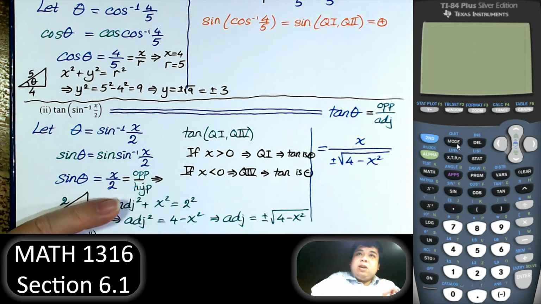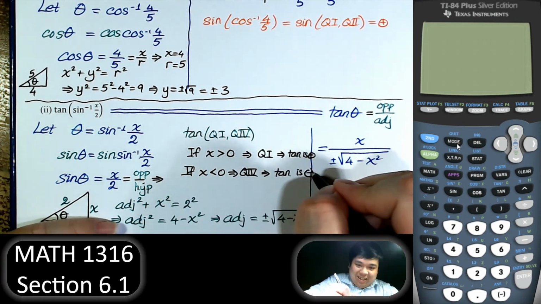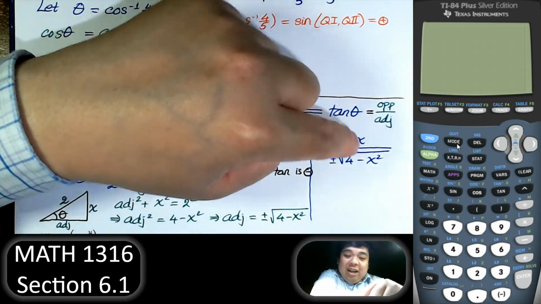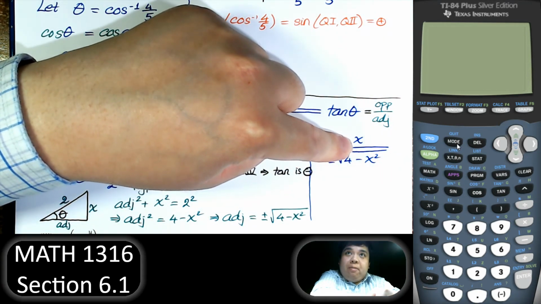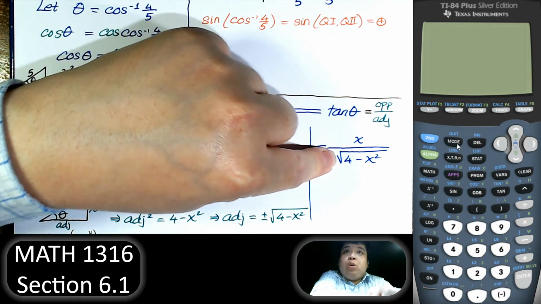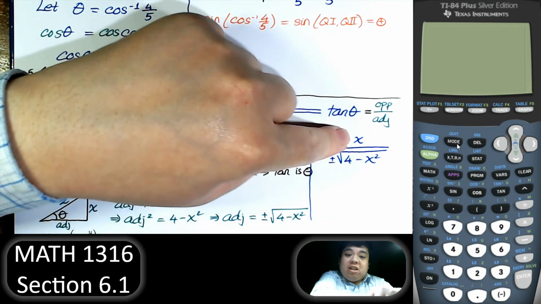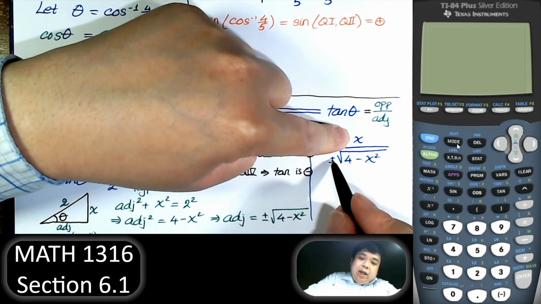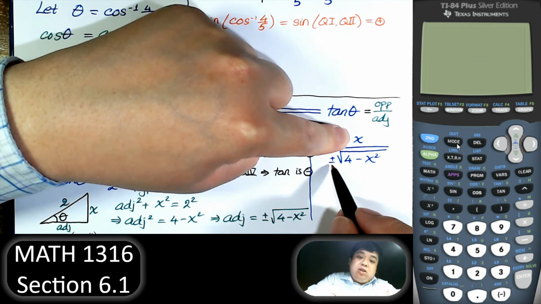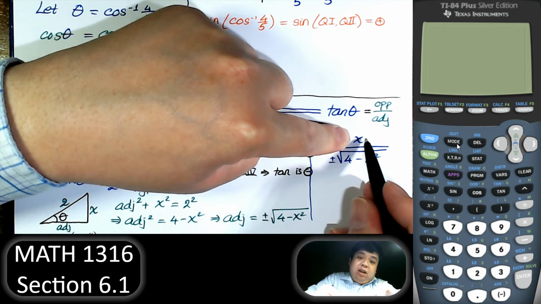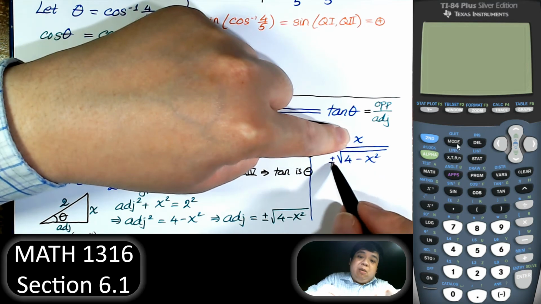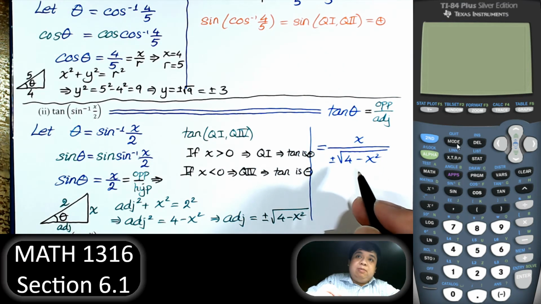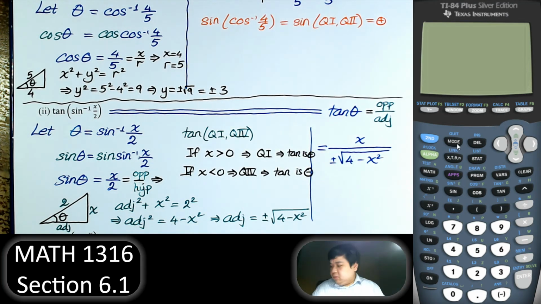Now, but, there's a but. If x is positive, then it's good. We don't need the plus or minus. If x is negative, again, we don't need the plus or minus, because if there's a minus here, x is negative, divided by negative, it's going to be positive. Right.